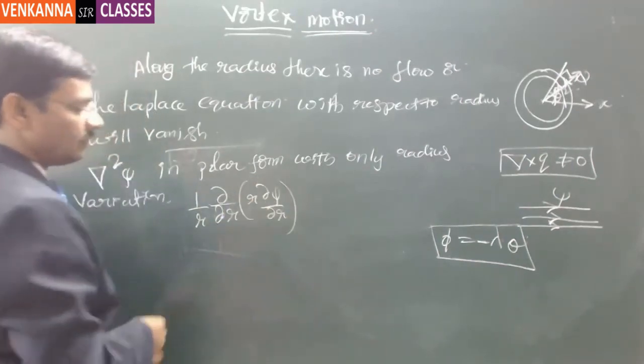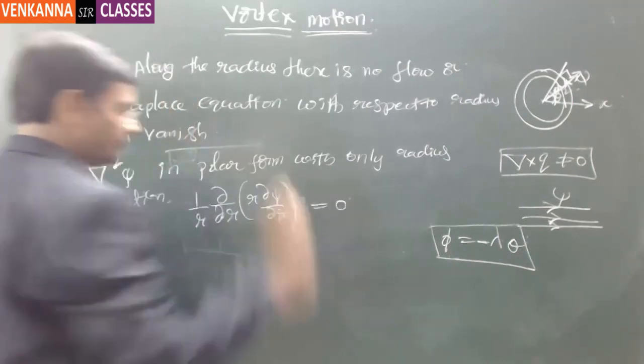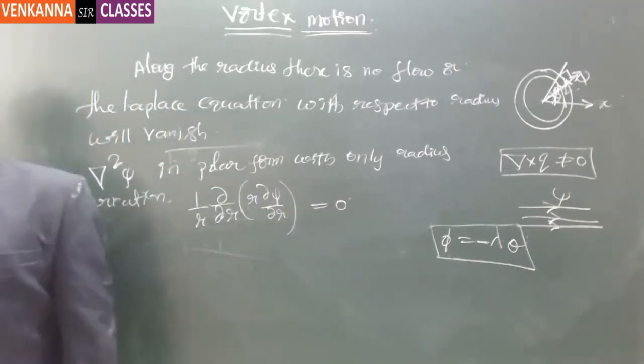This is the polar form, and this is equal to 0, which is the derivative with respect to r.